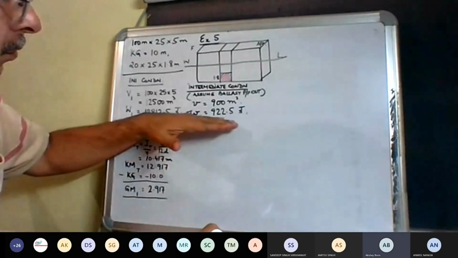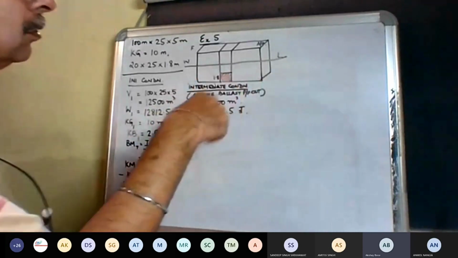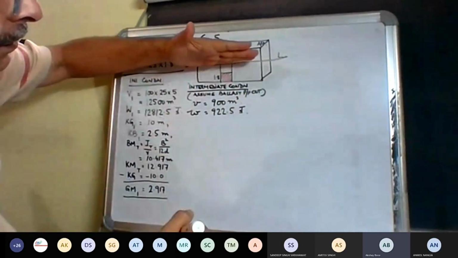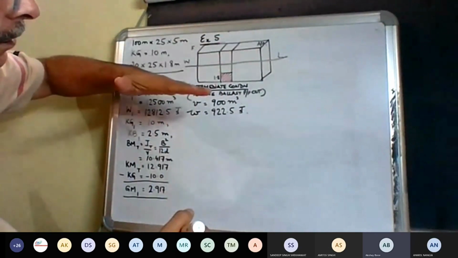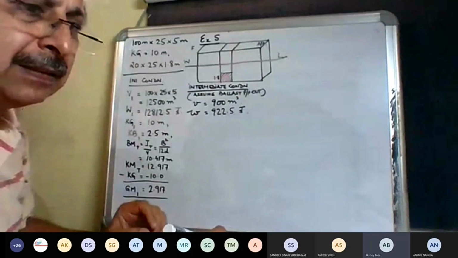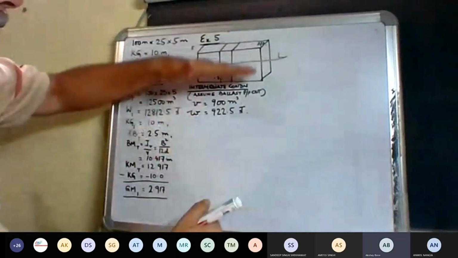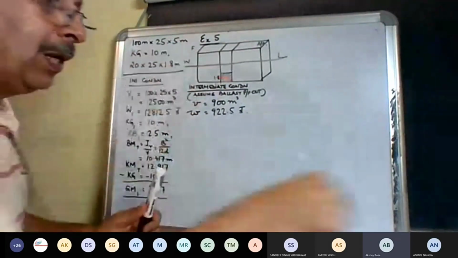Now, if I am going to pump out this water, what will happen to my draft? It will decrease. My vessel will rise. That means my vessel will bodily go up and the water line will come down.